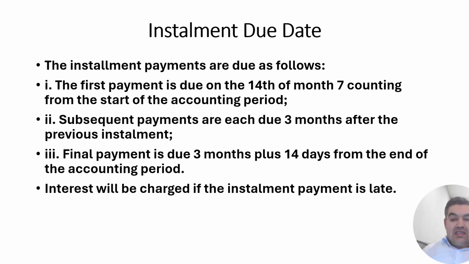That is month 7, counting from the start of the accounting period. The subsequent payments are each due 3 months after the previous installment. The final payment is 3 months and 14 days after the end of the accounting period. Interest will be charged if an installment payment is late.